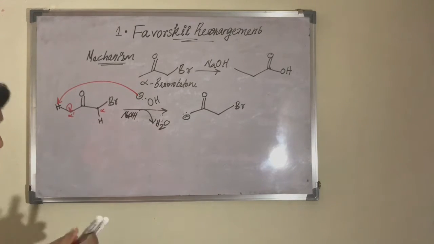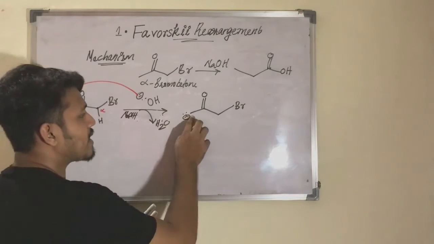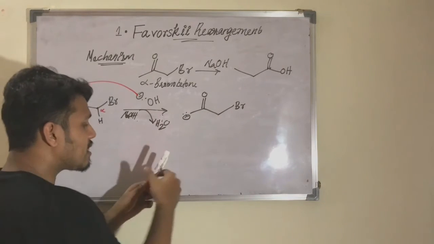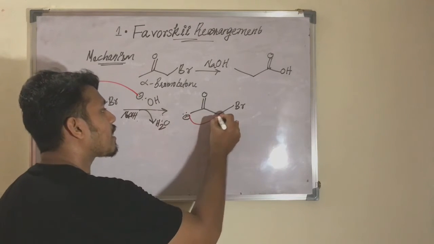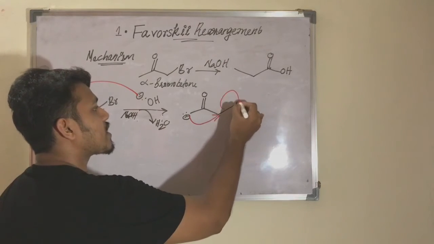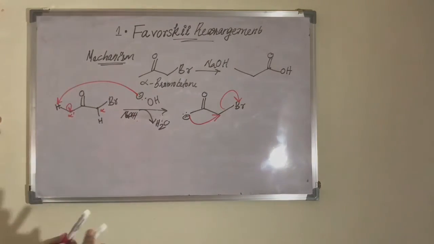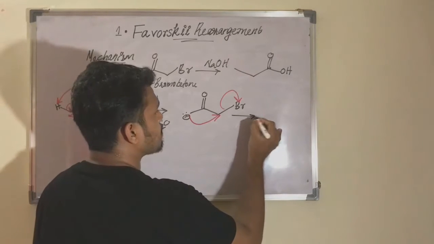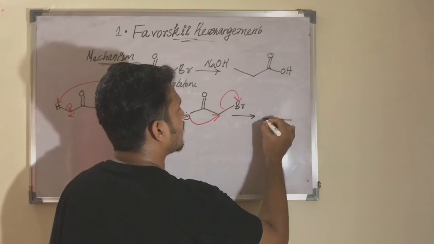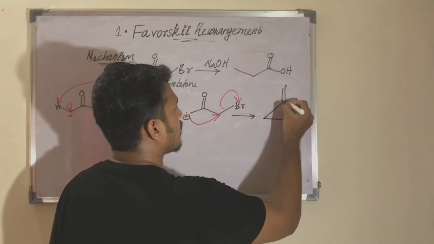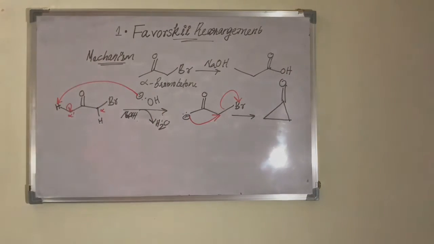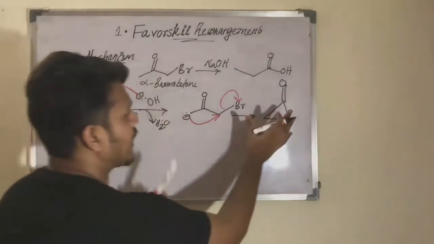Now this is a nucleophilic center, and this is an electrophilic center. It will undergo an intramolecular SN2 reaction, right? So you will end up with a highly strained 3-membered ring.